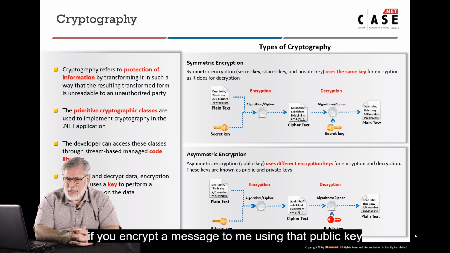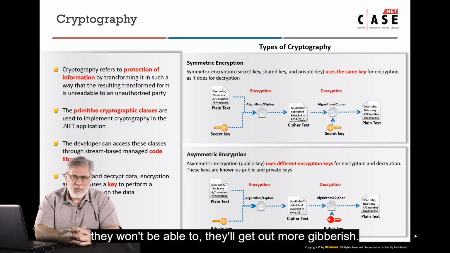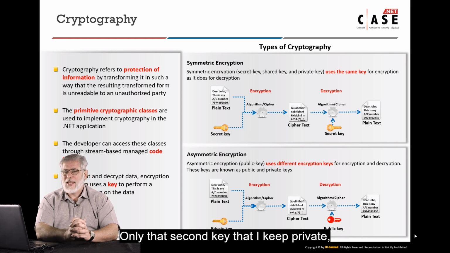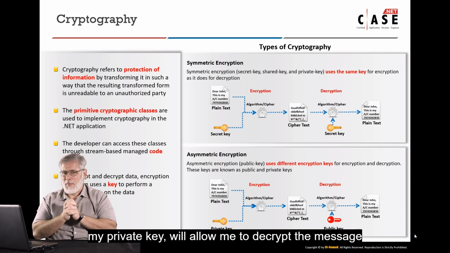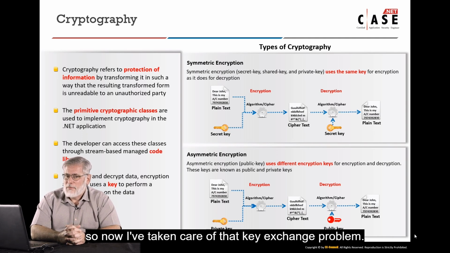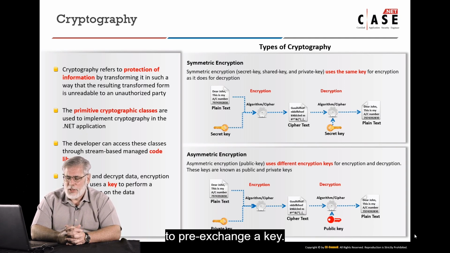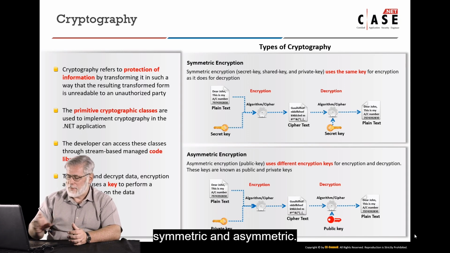If you encrypt a message to me using that public key and someone else intercepts it and tries to decrypt it, they won't be able to. They'll get out more gibberish. Only that second key that I keep private, my private key, will allow me to decrypt the message. So now I've taken care of that key exchange problem. You can send me messages at any time without us having to pre-exchange a key. That's the essential difference between symmetric and asymmetric.